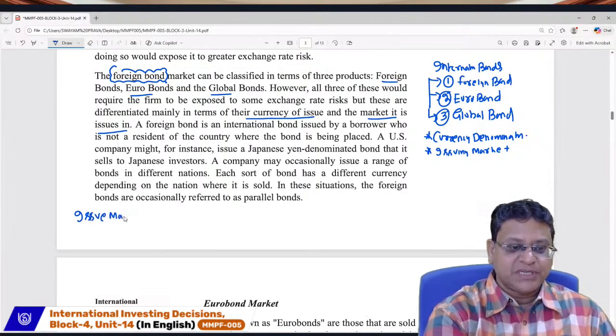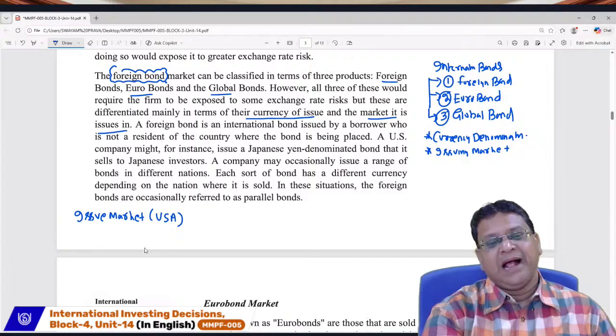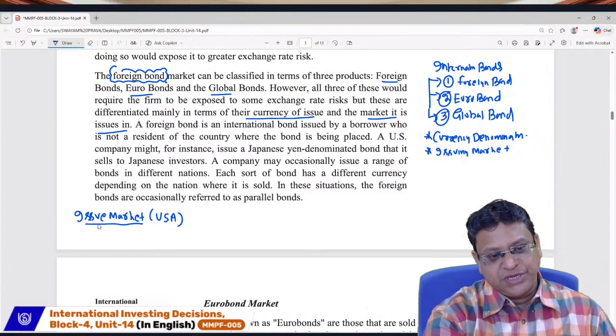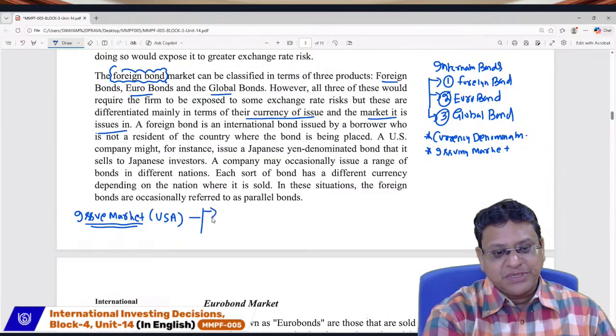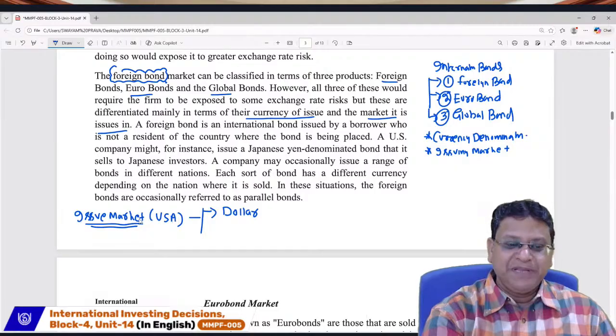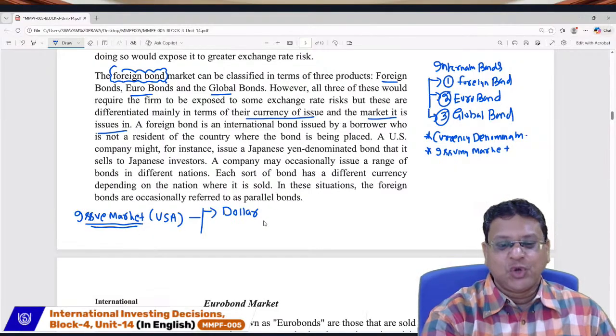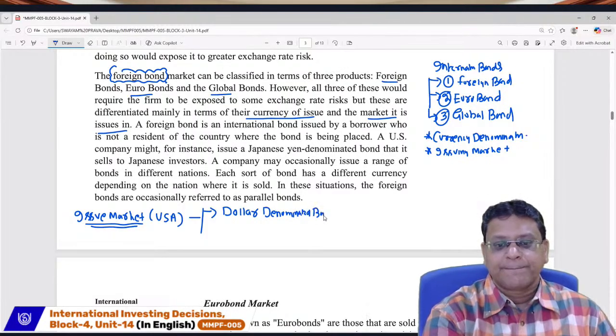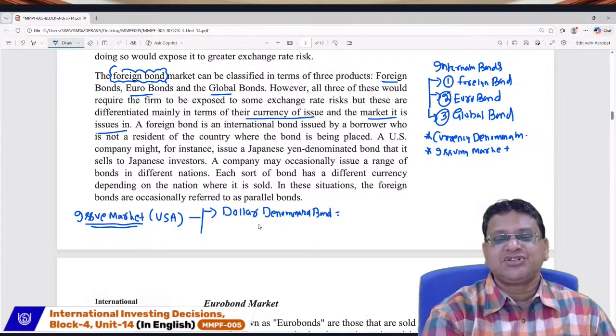In USA, an international bond is issued. And if the bond is issued in USA, what is the currency of USA? Currency of USA is dollar. So if in the US market a dollar denominated bond is issued, that is known as foreign bond.